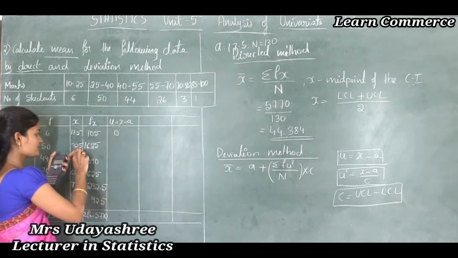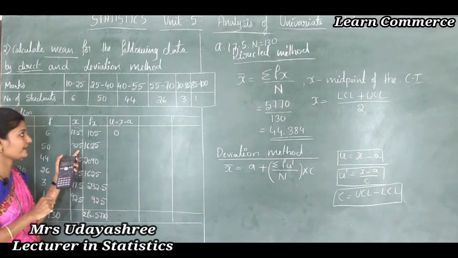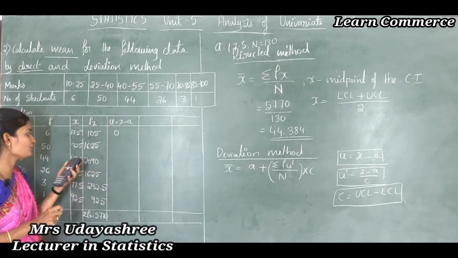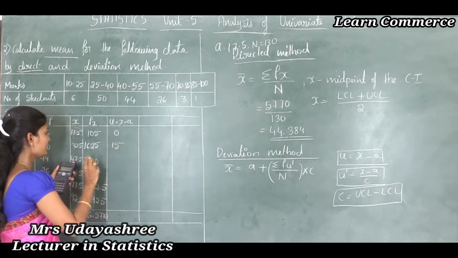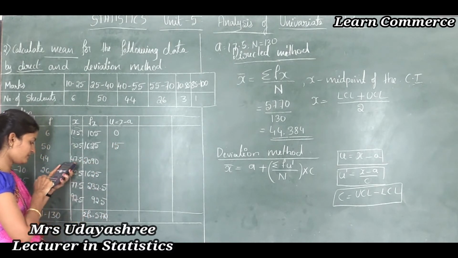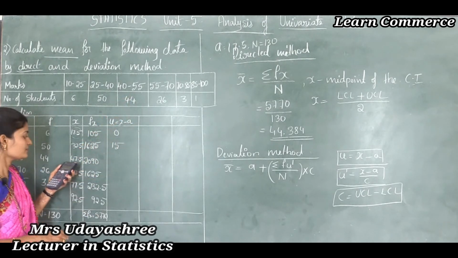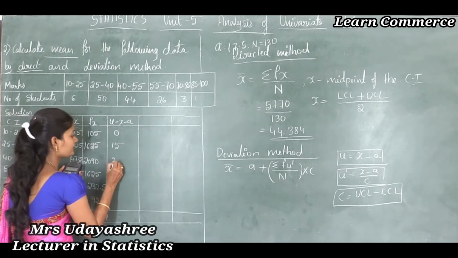Okay, next x observation 32.5 minus 17.5 is 15. Next x observation 47.5 minus 17.5 is 30.